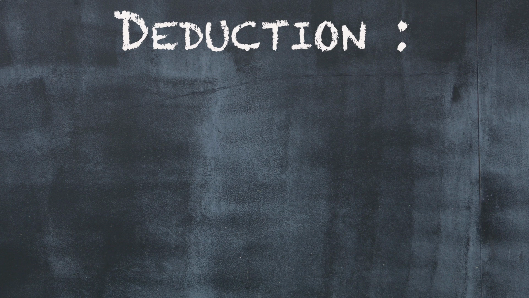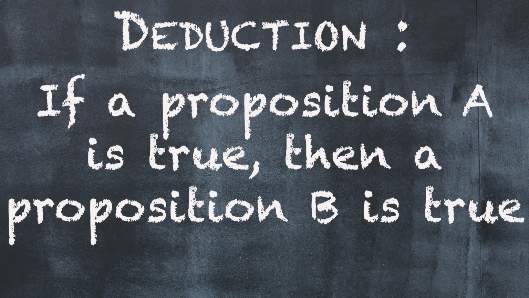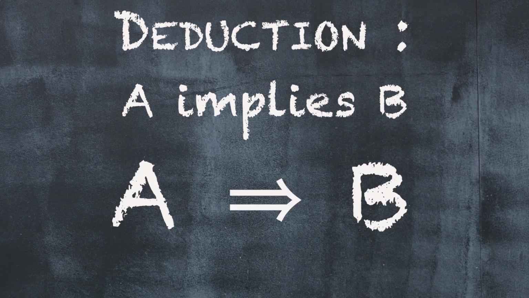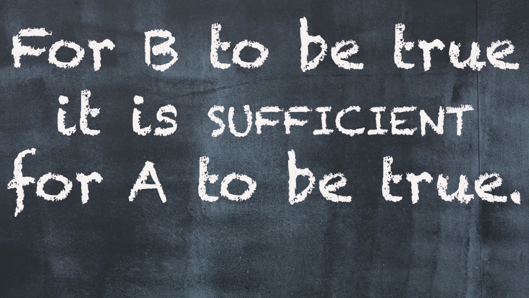Deduction, therefore, consists in concluding that if a proposition A is true, then a proposition B is true. We say that A implies B, and we write A ⇒ B. In other words, for B to be true, it is sufficient for A to be true.